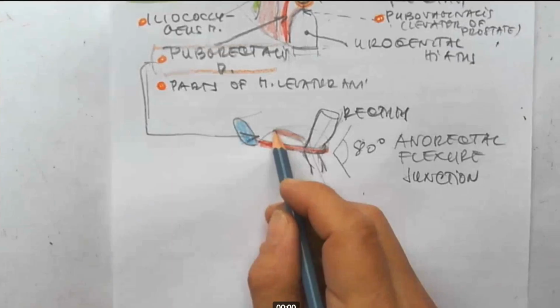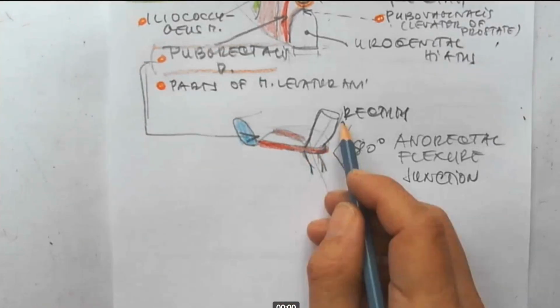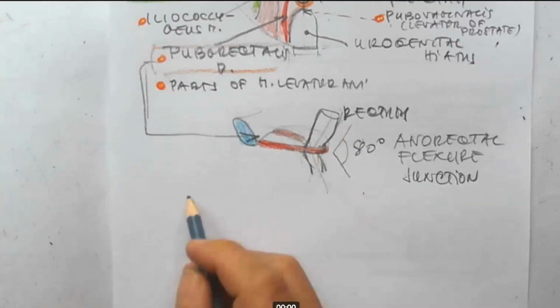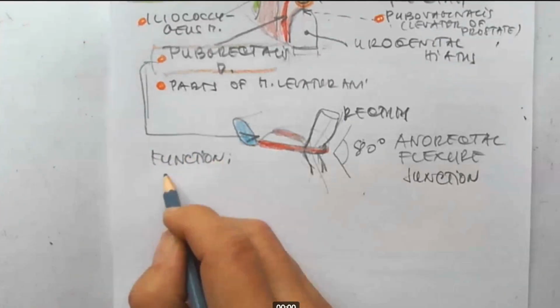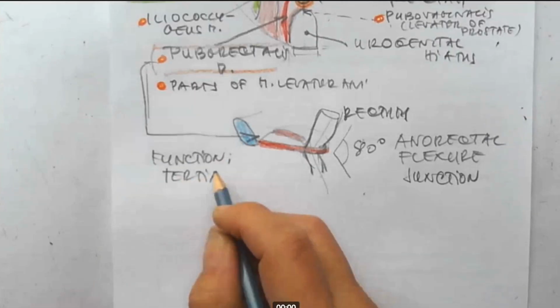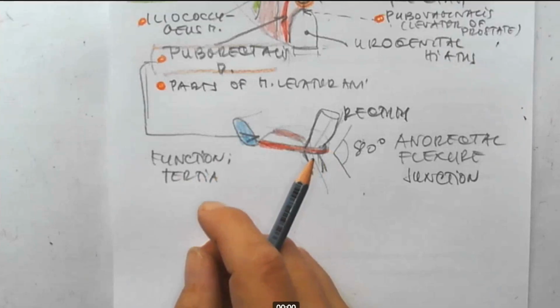If this muscle contracts, moving the rectum ventrally, anteriorly, and compressing the rectum, it acts as the tertiary sphincter.